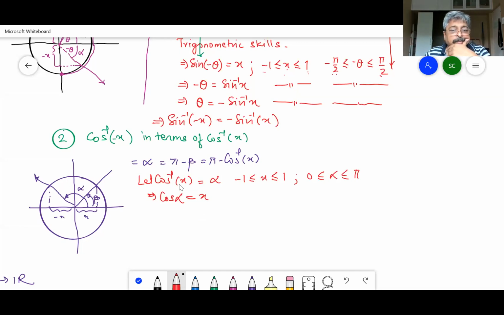This is cos of opposite of x. So cos of opposite of x. Okay, correction. So minus cos alpha is equal to x. So at this stage, if I want to bring this inequality down, I multiply by minus 1 everywhere and I get minus 1 less than or equal to x less than or equal to 1. Now I'll have to absorb this minus sign inside, and trigonometry skill says it is cos alpha only.